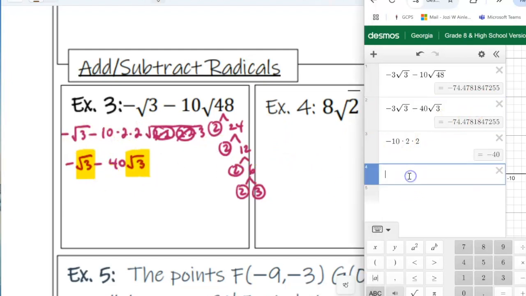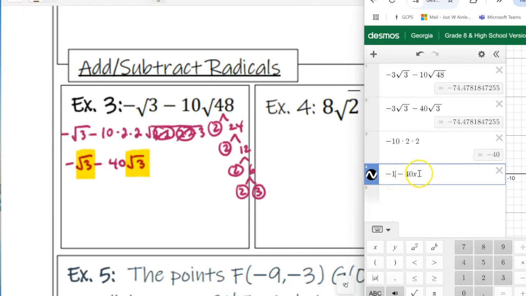So this question becomes negative x minus 40x. Because you're not used to seeing it in radicals, what I'm trying to say is because they're the same, you can just go ahead and do it. So what is negative x? What is another way of saying I have one apple? I can say I have one apple.